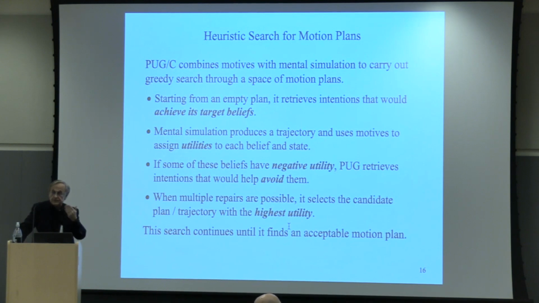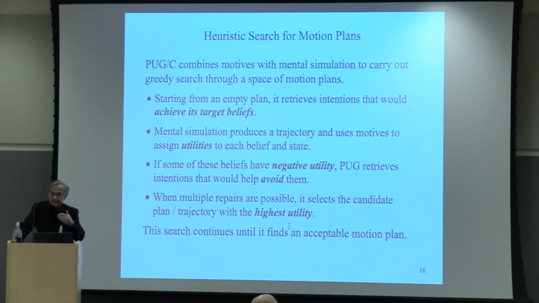It retrieves intentions that would achieve that because they're in the target concept associated with the skill. And then it simulates it. And for each belief on each time step, it calculates the utility. That gives you utility for the entire state. And that also gives you utility for the entire trajectory.